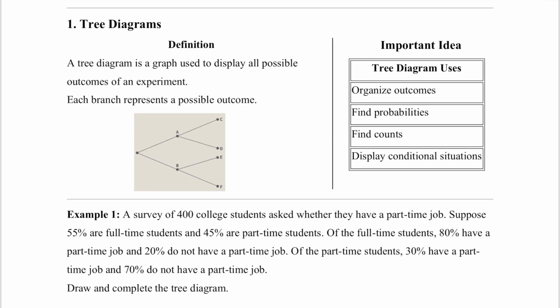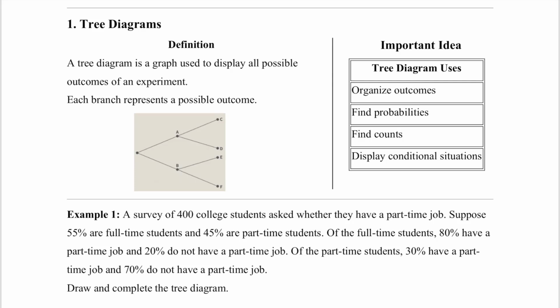A tree diagram is a graph used to display all possible outcomes of an experiment. Each branch represents a possible outcome. The key idea is that a tree diagram helps us organize information visually, make it easier to count outcomes, and calculate probabilities.